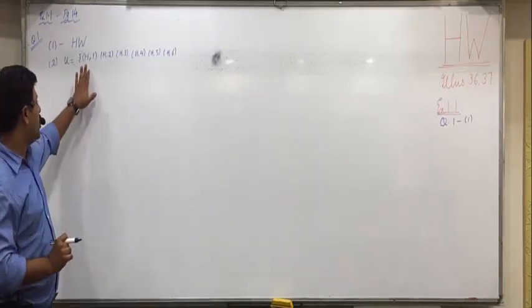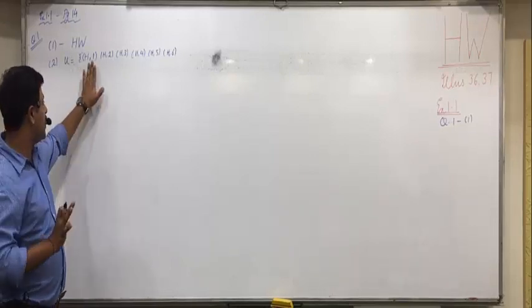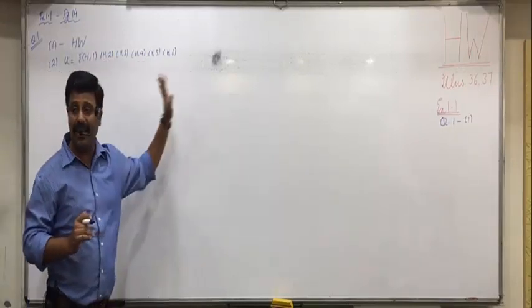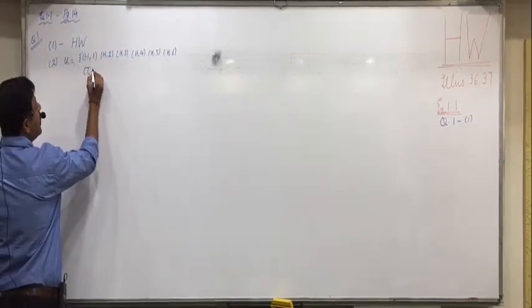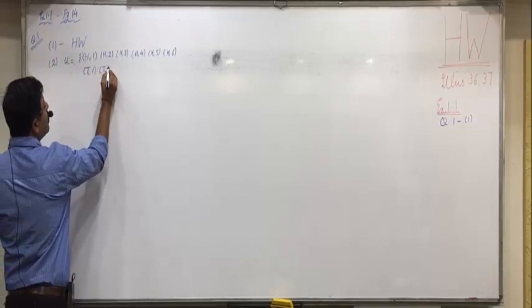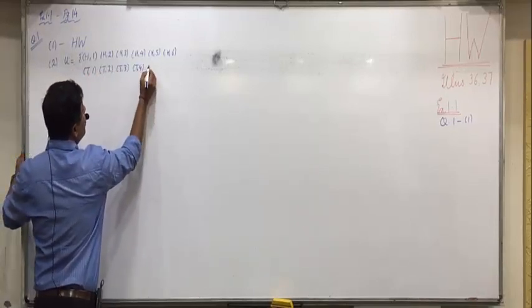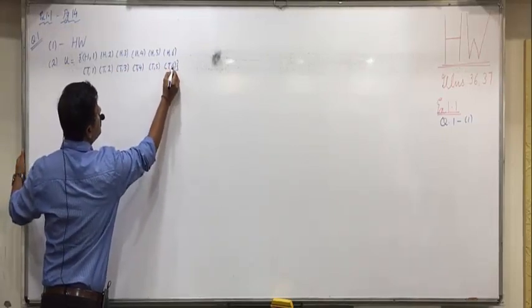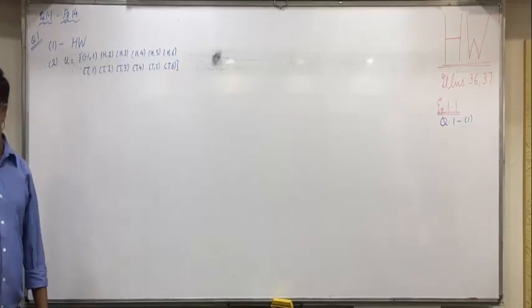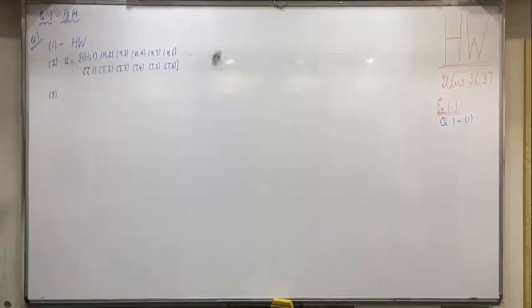So if on the coin you get heads, along with that on the dice you can get 1, 2, 3, 4, 5 and 6. And if on the coin you get tails, then again on the dice you can get 1, 2, 3, 4, 5 and 6. So 12 outcomes will be there. Did you understand this sample space, everyone? Anyone who is not clear with this?